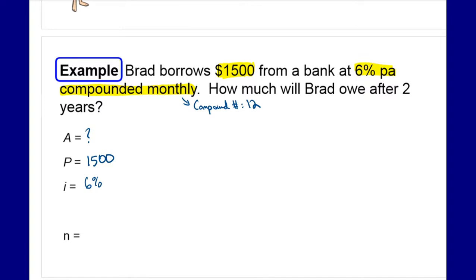So for that I value, we do have to do a small calculation: turn it to a decimal, and then divide by 12. So in this case, our I value is 0.005.